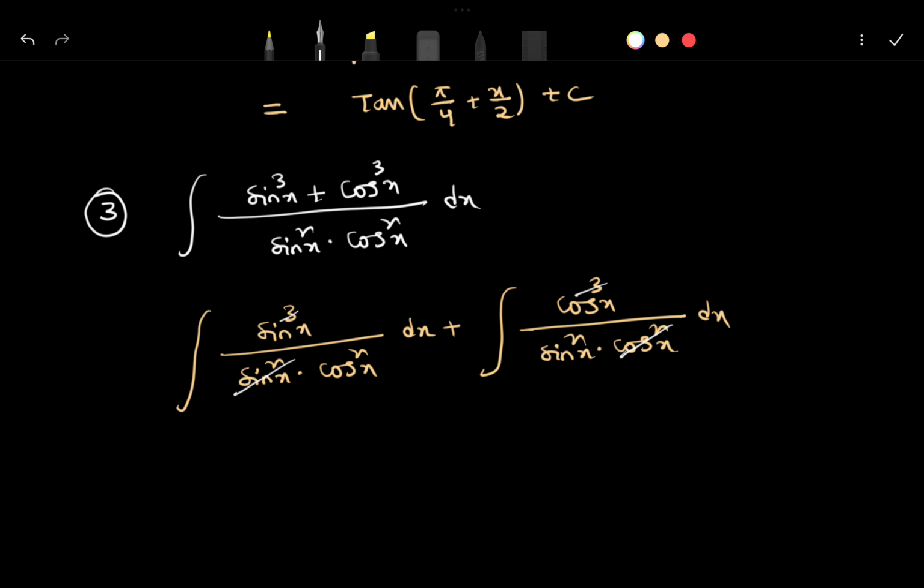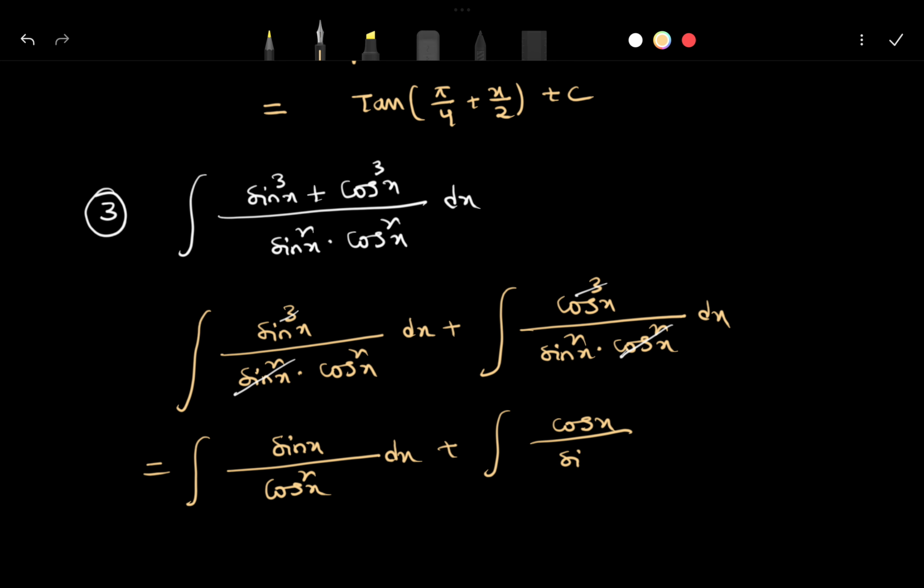What is the remaining value? You can write integration of sin x whole divided by cos square x dx, plus integration of cos x whole divided by sin square x dx.